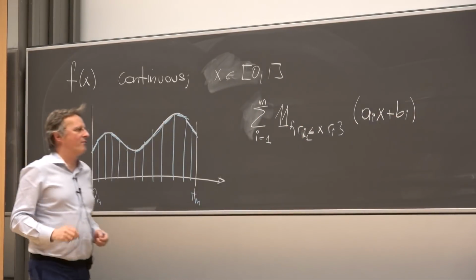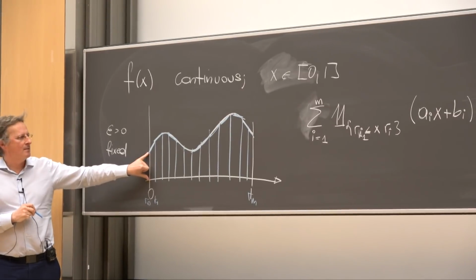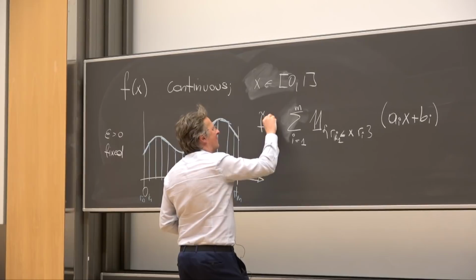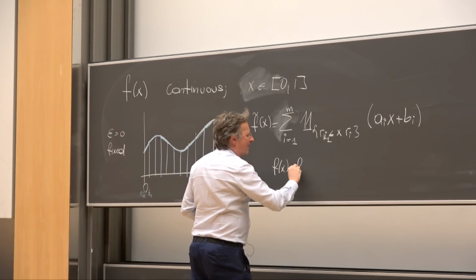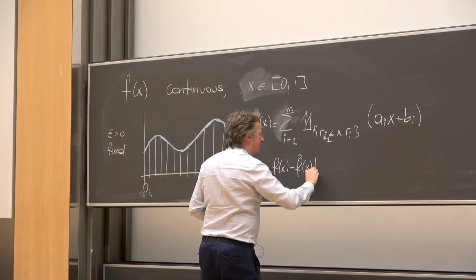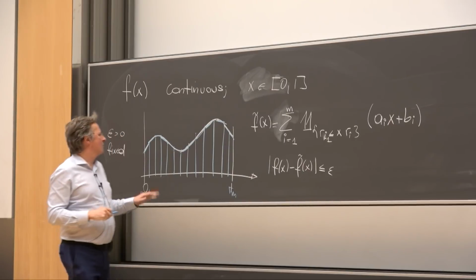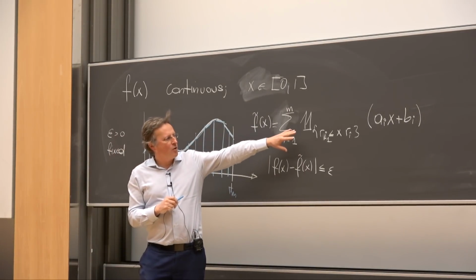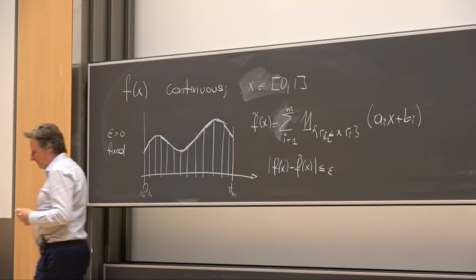Okay, and so for suitable choices of the slopes and the offsets here, we can achieve, let me call this f tilde of x, that the absolute value of f of x minus f tilde of x is smaller or equal than epsilon. You first give me the epsilon, then I find the partition, and I find these slopes and the offsets, the bias terms, such that this is true, right?